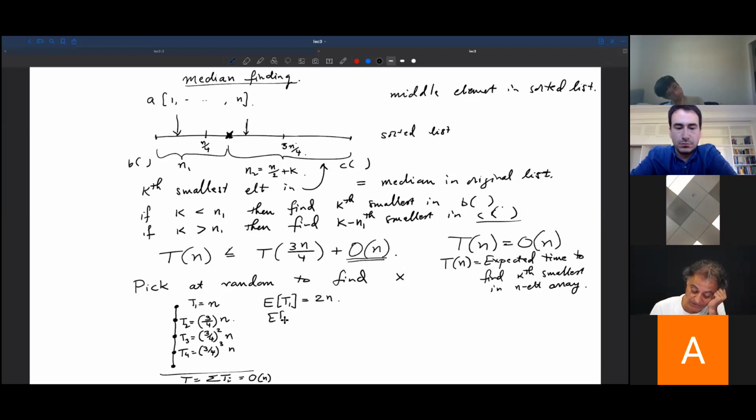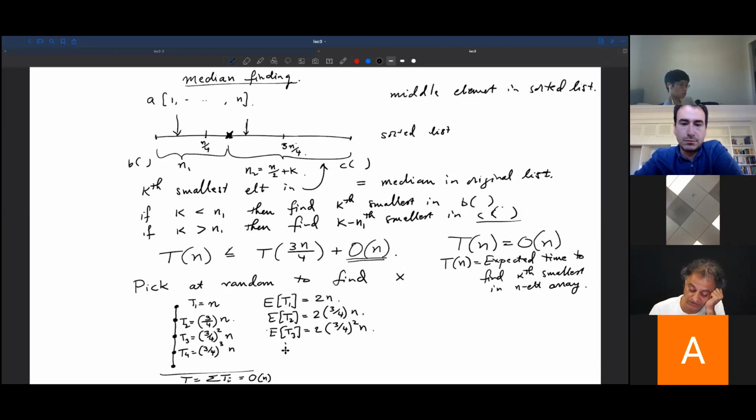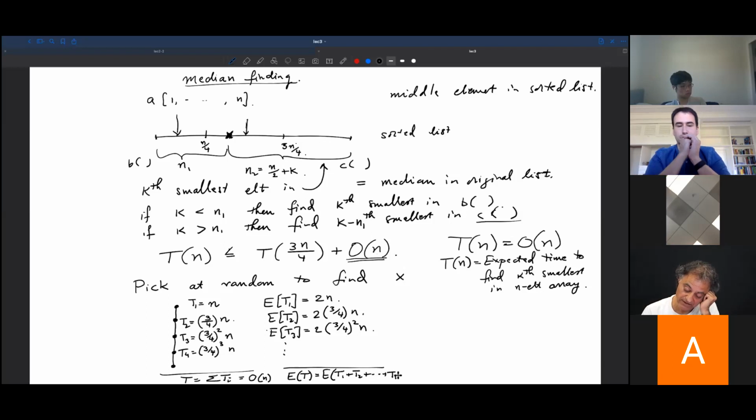Expected value of T2 is 2 times 3/4 n. Expected value of T3 is 2 times (3/4) squared times n, and so on. So now, what's the expected value of T, which is T1 plus T2 plus up to TD, if the depth of the tree is D?